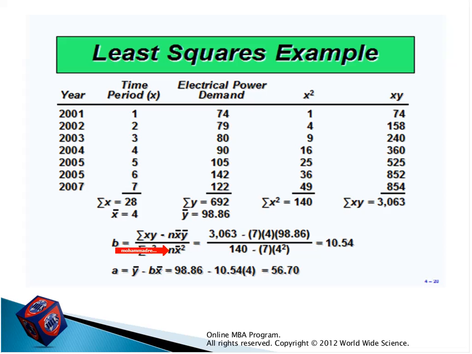How much was x bar? 4. In power of 2, we write here. If you calculate this, B can be calculated as 10.54. Now we have calculated B.